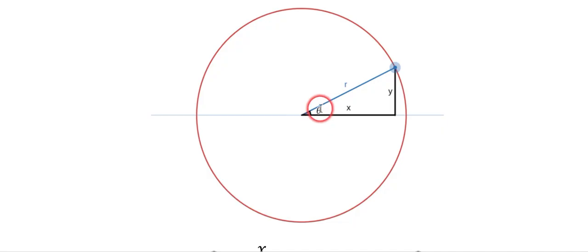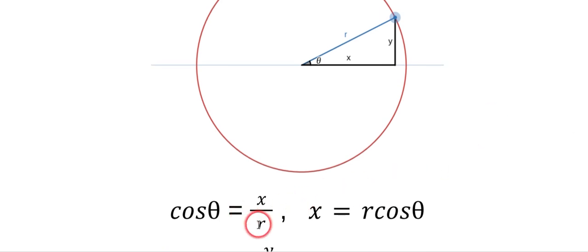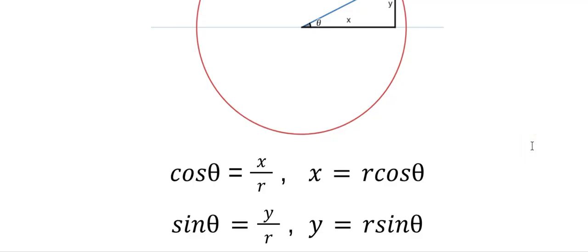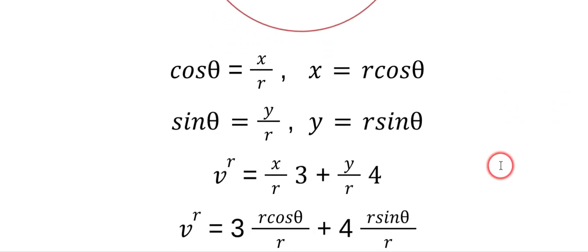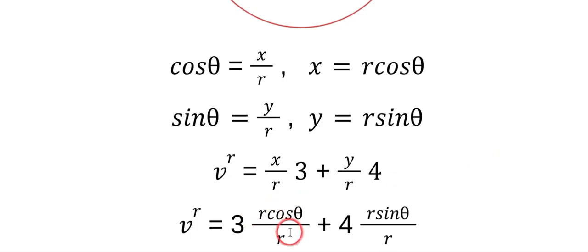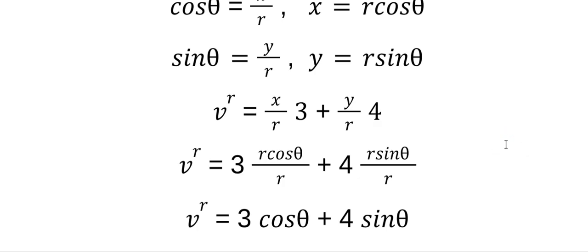The sine of this angle is equal to the opposite over the hypotenuse, y over r. Okay, we rearrange that, take r to the other side, we get x equals r cosine theta, y equals r sine theta. Let's put that back in here. Okay, so we get this, r cosine theta over r, r sine theta over r, the r's cancel, and we get this.